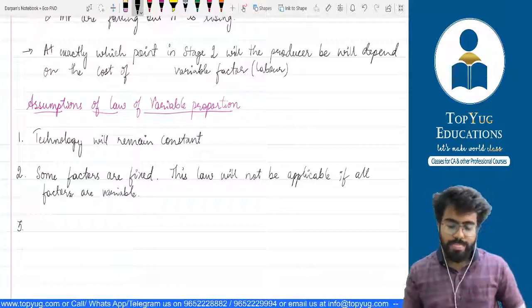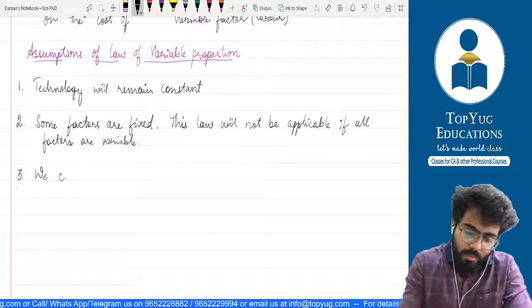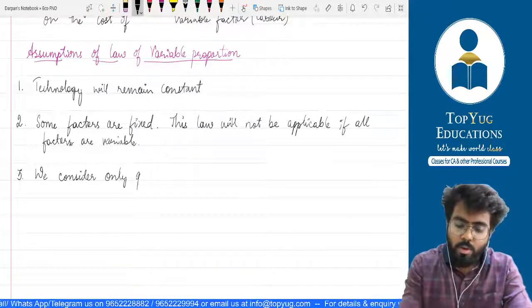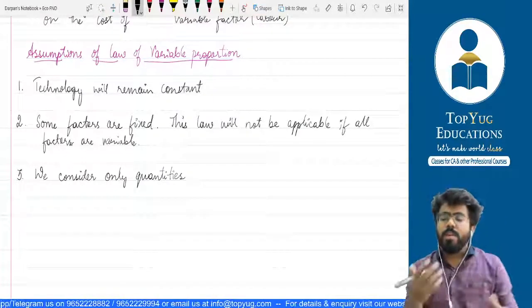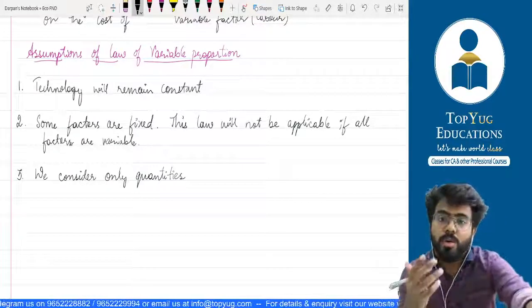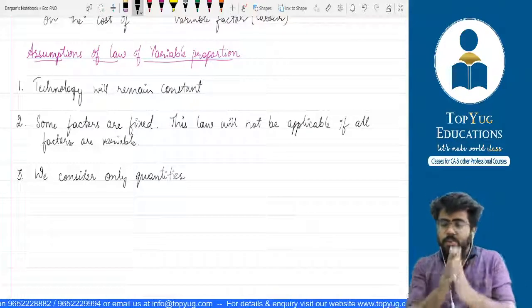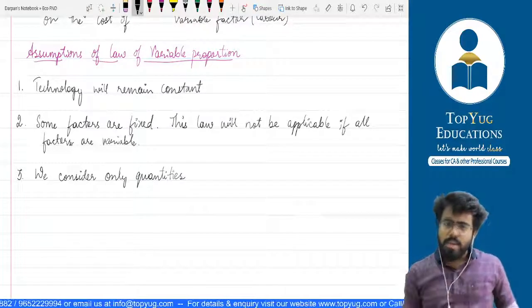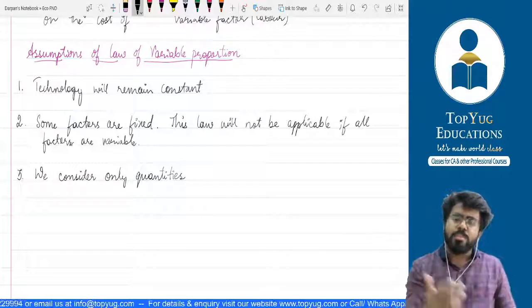Third assumption. We consider only quantities of goods. When we said total product, marginal product, average product, laborers, did we see cost of labor? Did we see how much revenue this total product is producing?